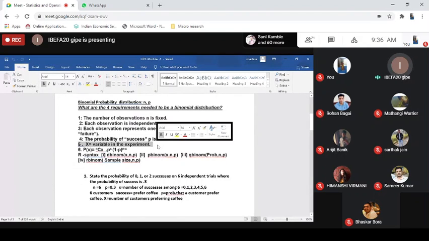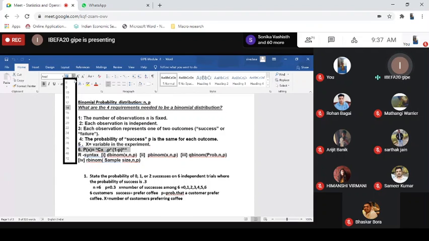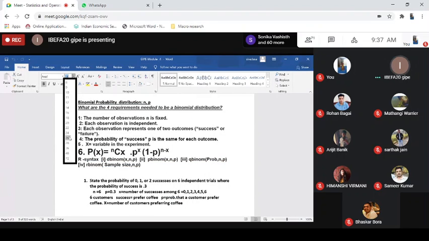That is X in a sample of N. And probability evaluation is NCX, P raised to X, 1 minus P to the power N minus X. This is the probability model under these assumptions in the sample.